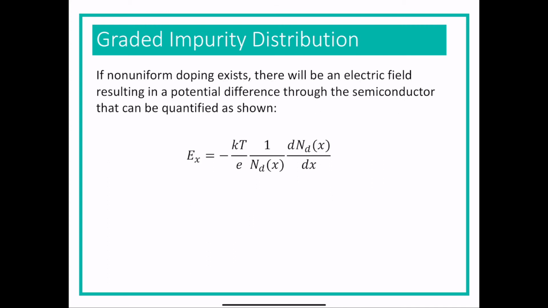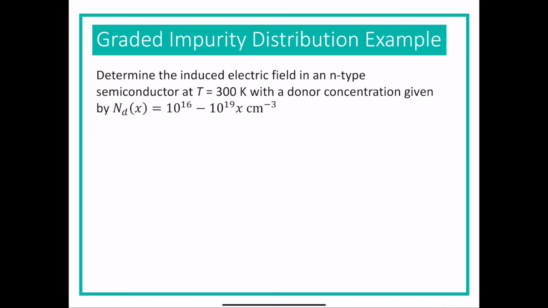And what we have is not terrible, but remember that kT over e, that's just that 0.0259 value we always use. And then we would just have to know the donor concentration function, and then we could figure out what the electric field is. So we will look at an example of that.